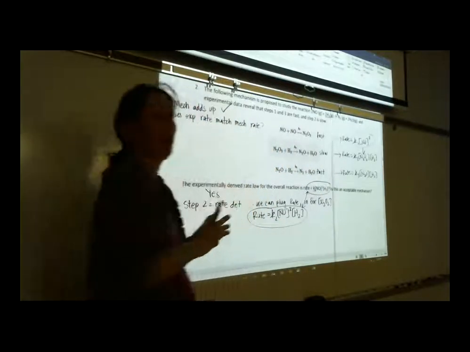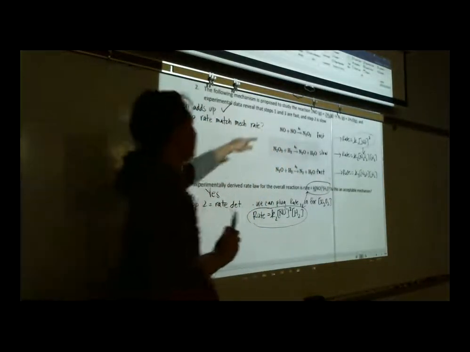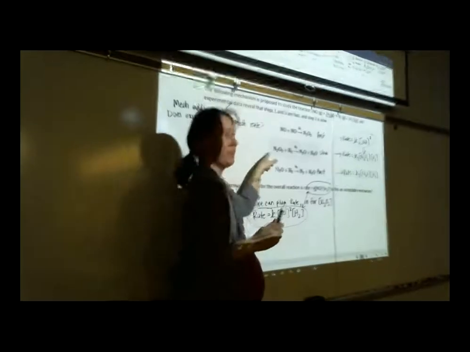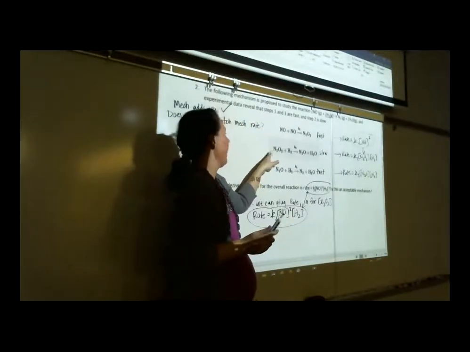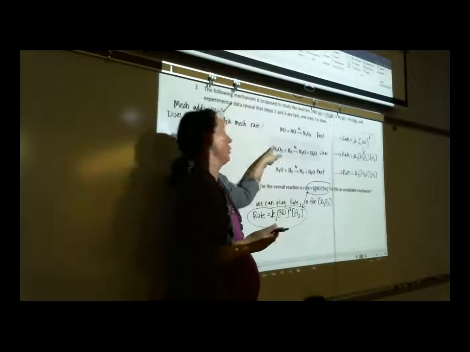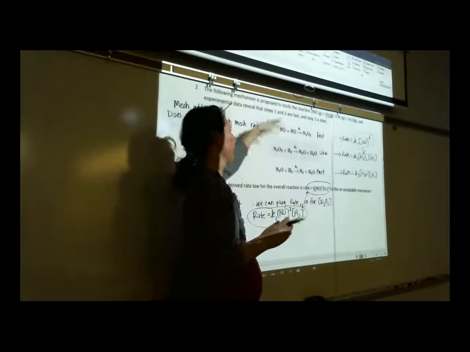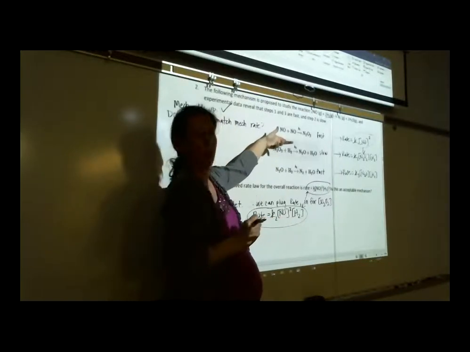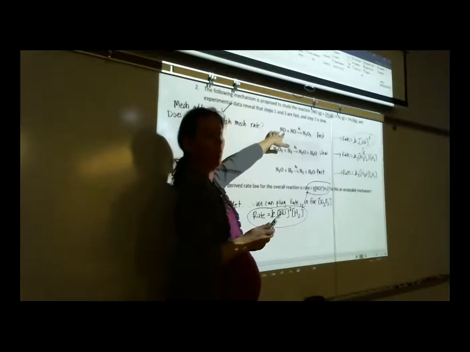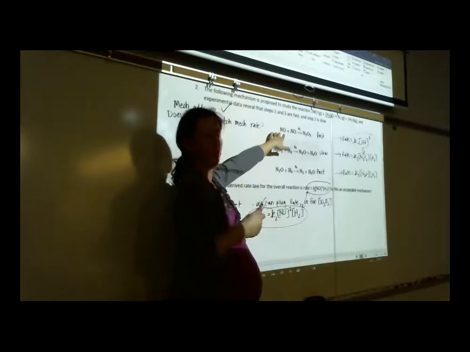Now, the only way we're able to get away with this is because this step immediately precedes this step, and because this step is the slower of the two. Okay, if this were vice versa, we couldn't do that. If the slowest step was step 1, we couldn't make this substitution.